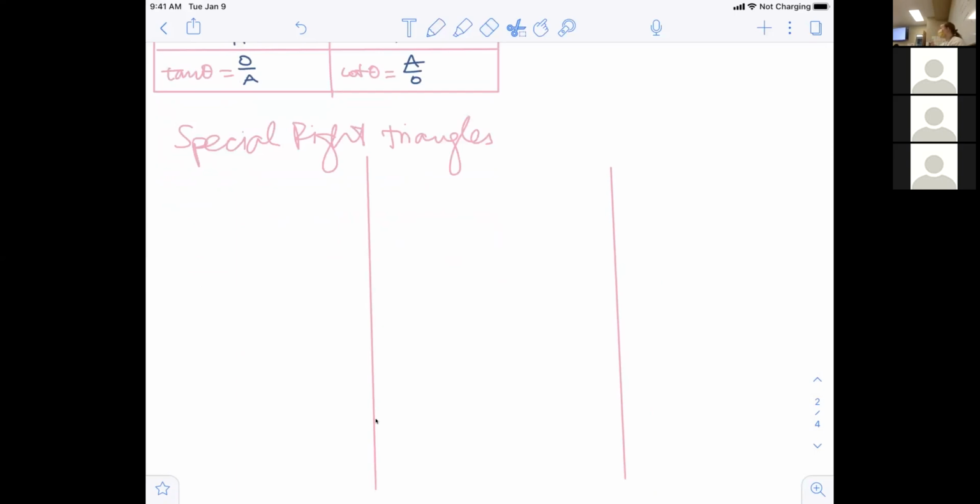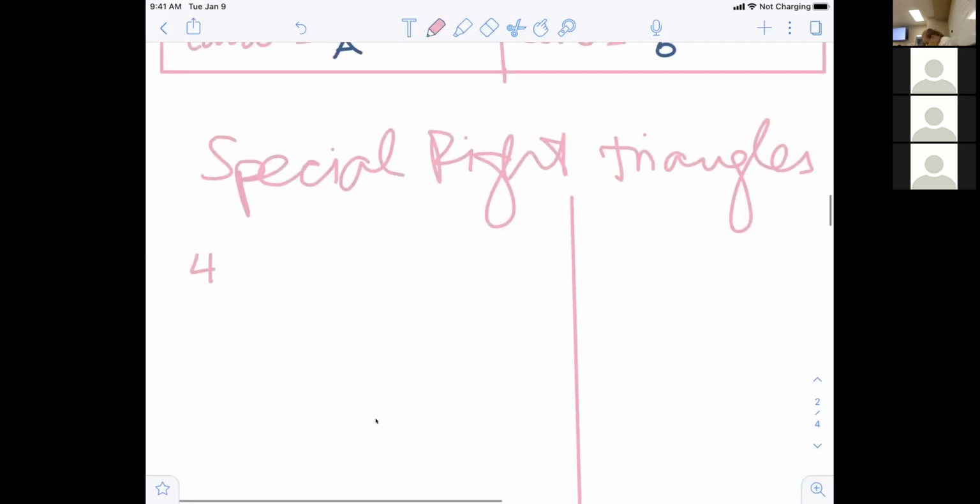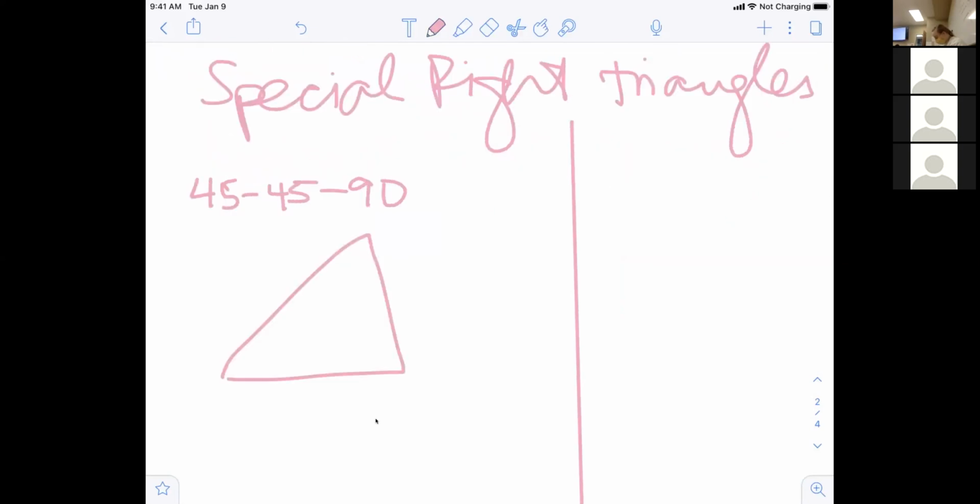There were 2 special triangles we learned about in geometry, and the only reason I have a 3rd column is because the second triangle you can flip 2 different ways. The first one is our 45, 45, 90 triangles. I'm going to draw an isosceles right triangle, essentially.